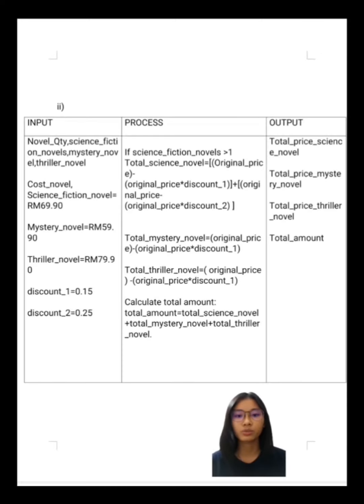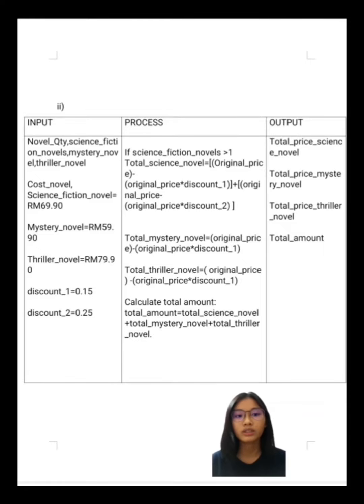Question 2 is that we need to create an IPO chart to print the output, which is the total price for the 3 novels, science fiction, mystery, and thriller, and the last is total amount. We need to assign input, which is novel quantity, cost novel, and discount 1 and 2.